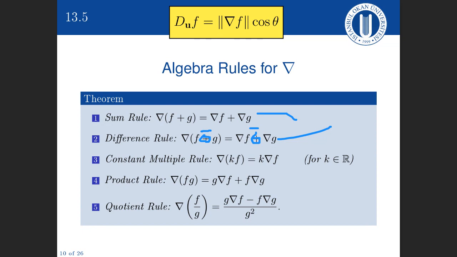Constant multiple rule, of course, nabla of kf is the same as k nabla f for any number k. The product rule, nabla of fg is the same as g nabla f plus f nabla g, just as we would expect it to be. And the quotient rule is the same as we would expect it to be. Nabla of f over g is equal to g nabla f minus f nabla g, over g squared.